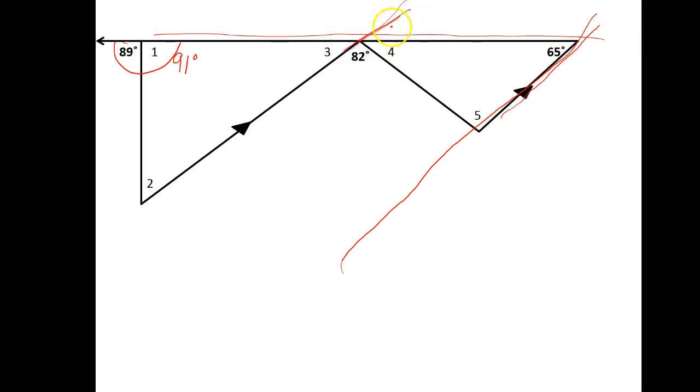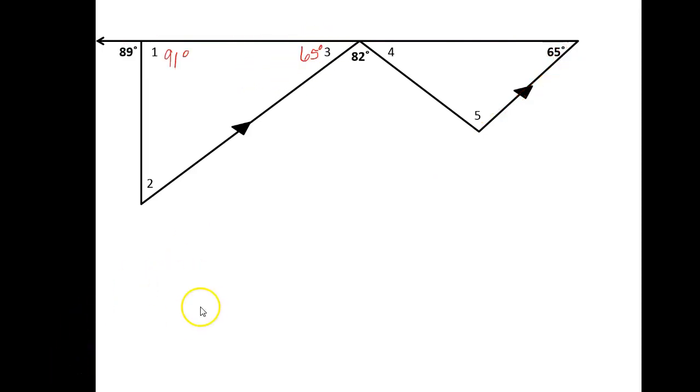And if this is a transversal, I have some corresponding angles. This angle and this angle are corresponding angles. So that means if they're corresponding angles, they both are 65 degrees. All right, so since angle 1 is 91 degrees and another angle is 65 degrees, we can easily find the measure of angle 2 because we have a triangle.